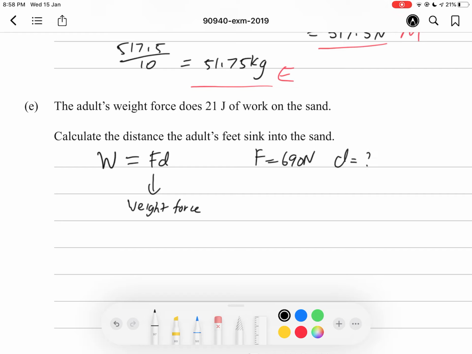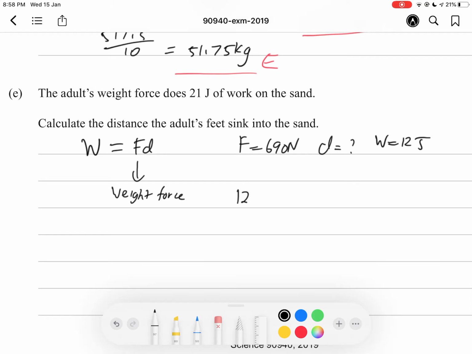Distance we're trying to find, and we know that the work is equal to 12 joules. So therefore we can just do a one-step calculation. 12 equals 690 times the distance. And that gives us a distance of 0.017 meters, rounded to 3 decimal places.